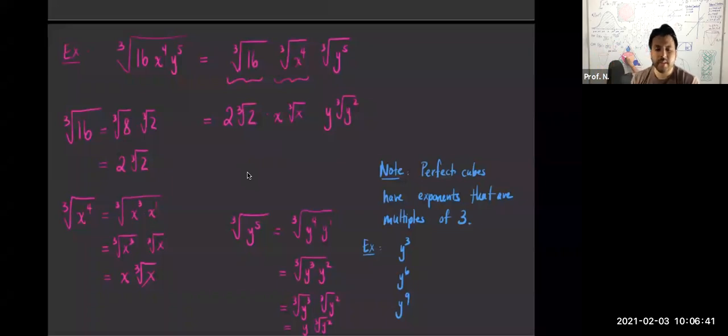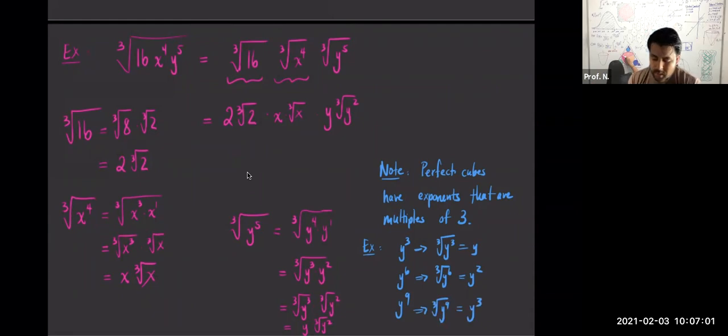These are all perfect cubes. If I take the cube root of y cubed, I get y. If I take the cube root of y to the 6th, I get y squared. If I take the cube root of y to the 9th, I get y cubed. So again, this is like saying y squared cubed, y cubed cubed. That's why it's not to the fourth power. Does that make sense?